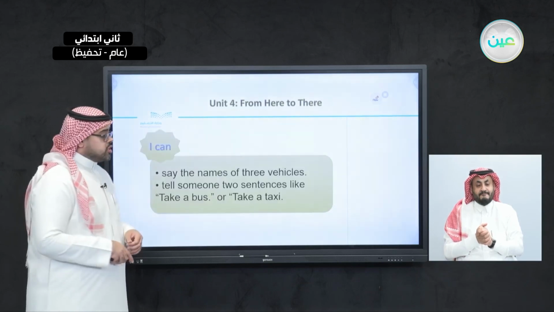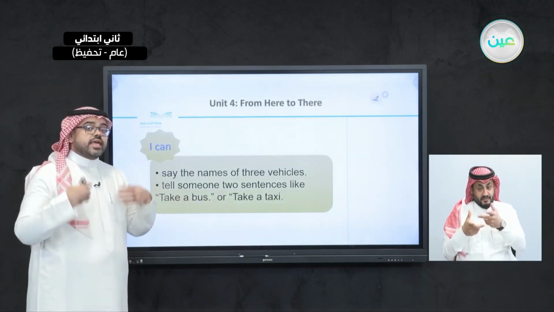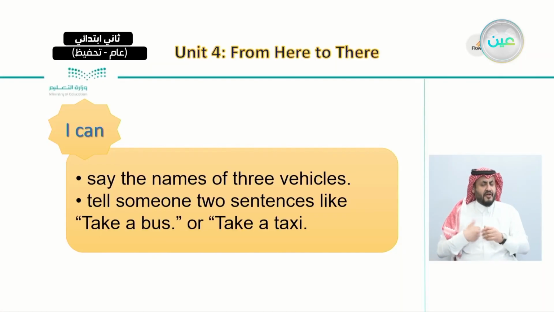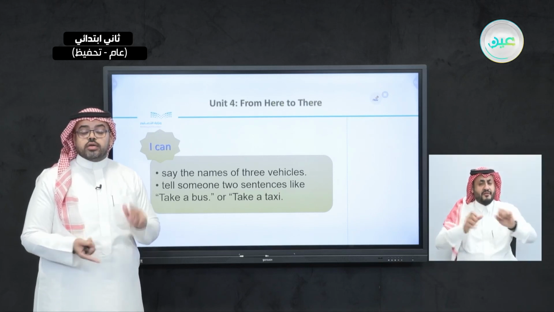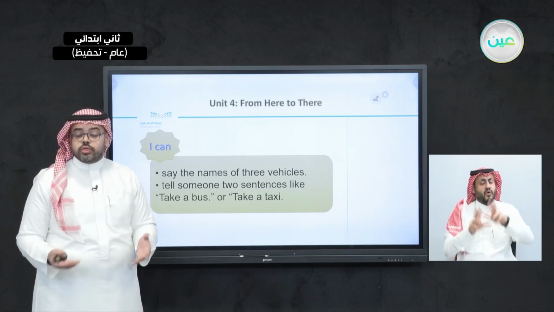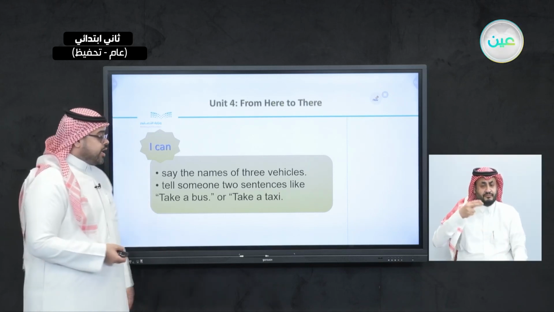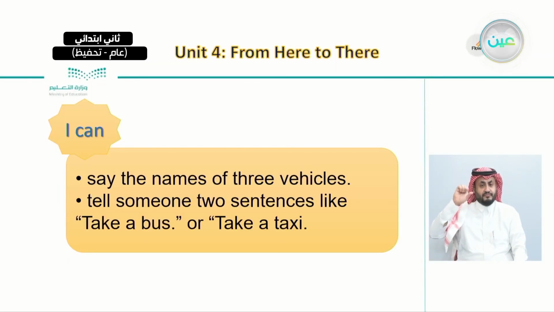It is important that at the end we can name at least 3 vehicles. Vehicles like car, motorbike, train, all of these we call vehicles. And to tell someone 2 sentences like take a bus or take a taxi.